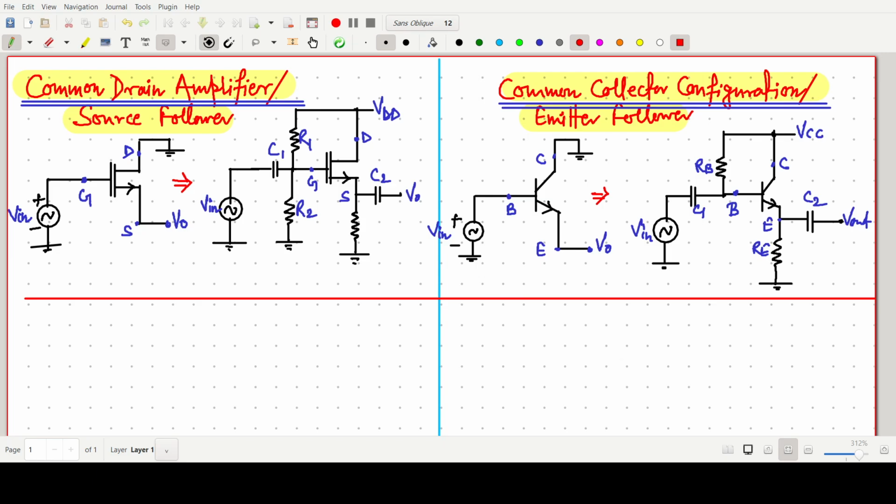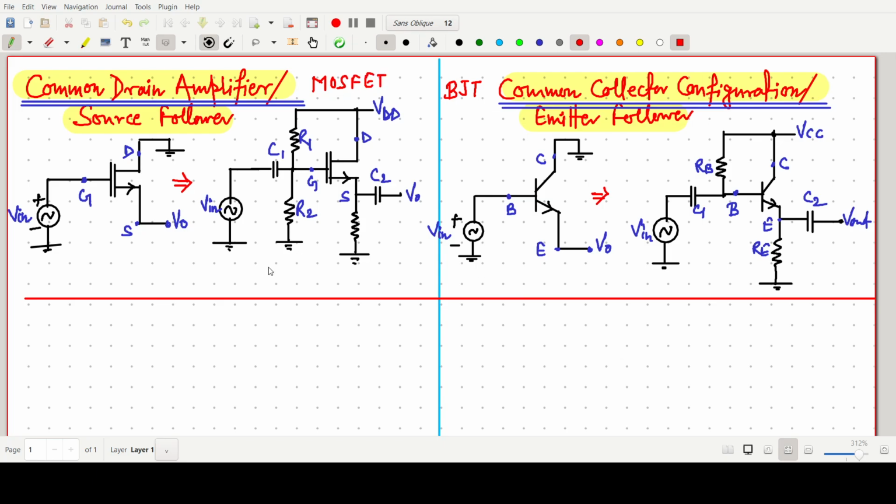So through this presentation we will cover how to develop the AC signal analysis for the common drain and common collector configuration. This one is our BJT, and this one is our MOSFET.